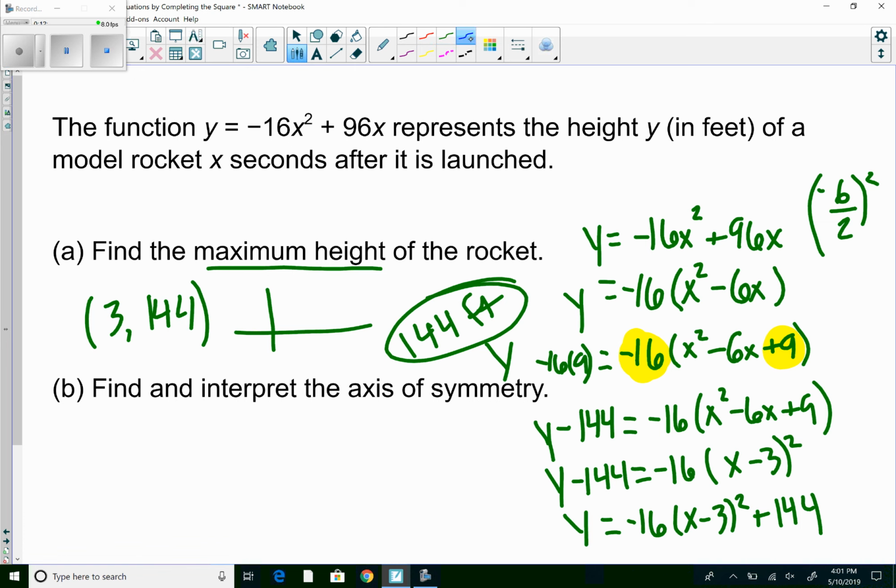Then part B asks us, find and interpret the axis of symmetry. Okay, now this requires us to think back to a couple weeks ago, when we were talking about vertex form. Remember, with the vertex form, x is just your h coordinate, so that's this right here. So your axis of symmetry is just going to be 3.